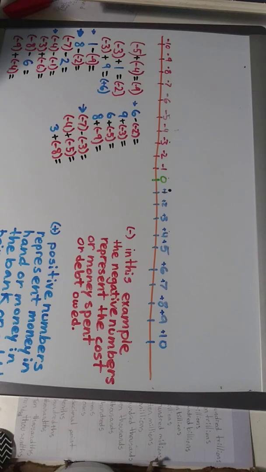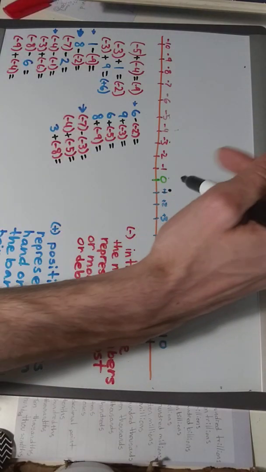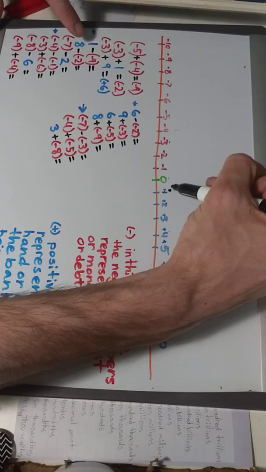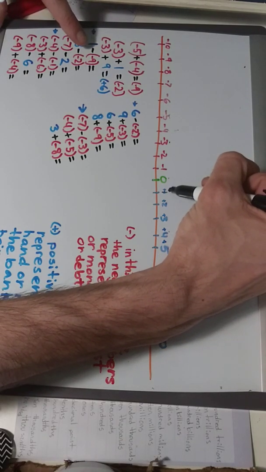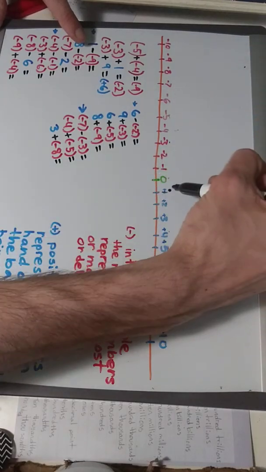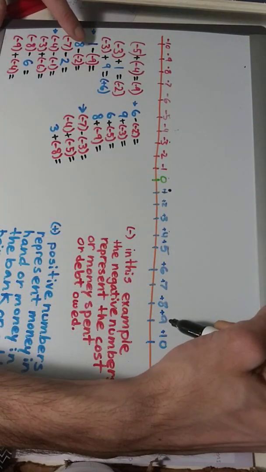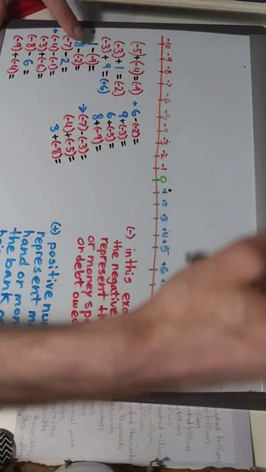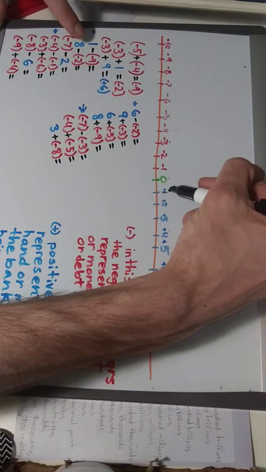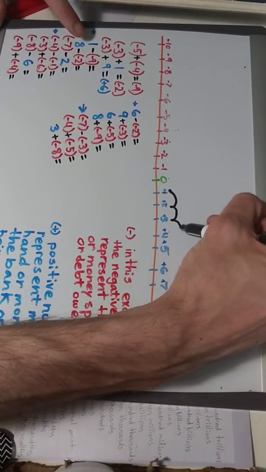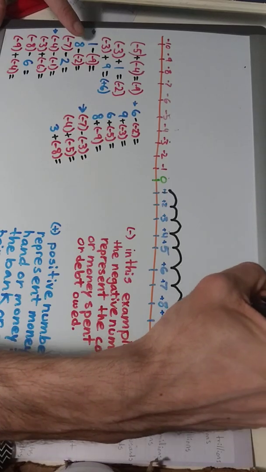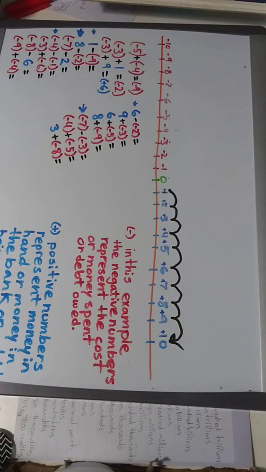So we're at positive 1, and then we're going to take away a debt of 9. So we're not adding a debt, we're taking away a debt. So we're going to be more in the positive. So 1, 2, 3, 4, 5, 6, 7, 8, 9. And that's positive 10.